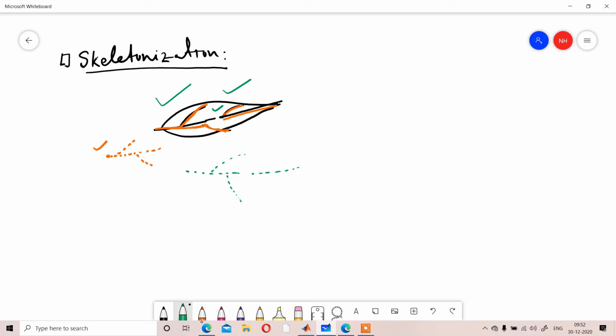Okay, now over that skeletonized image, you will run a code. That code will find the neighborhood pixels. So try to understand it very clearly. These are all your neighborhood pixels.